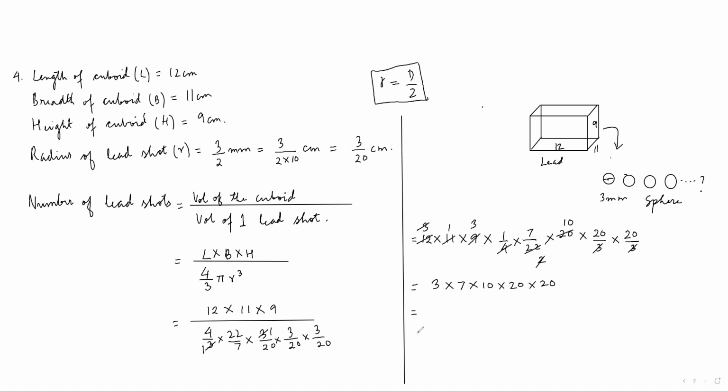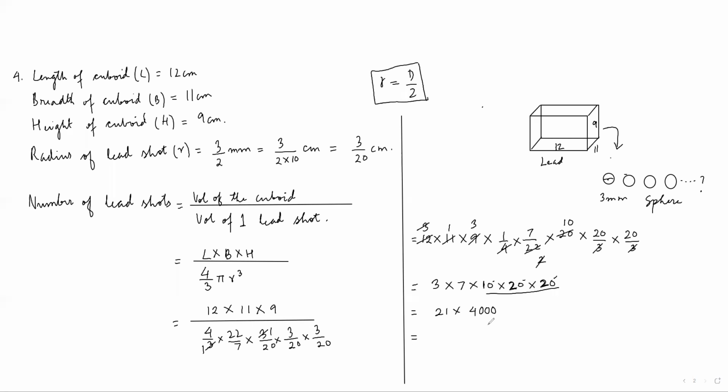Now, how will you multiply this? 7 into 3 is 21. Then the zeros, we put them after. 1 into 2 is 2. 2 into 2 is 4.